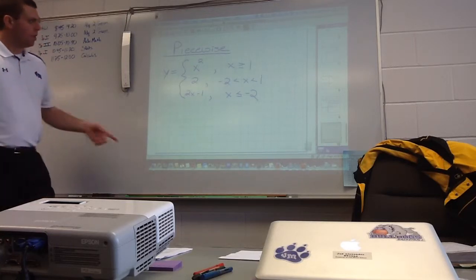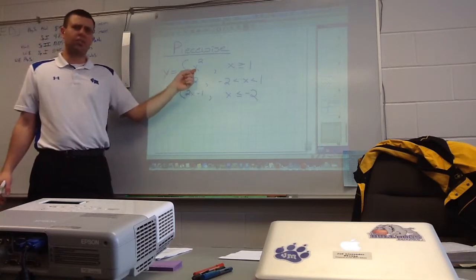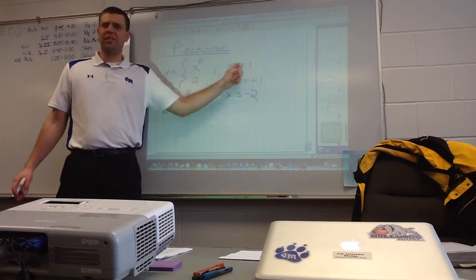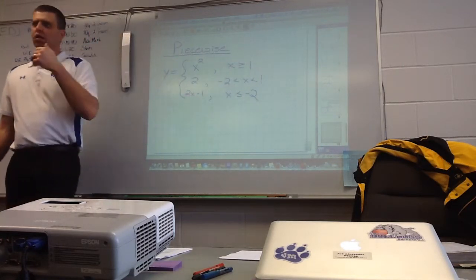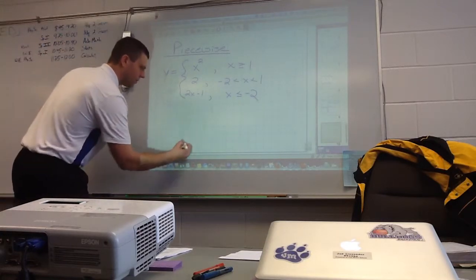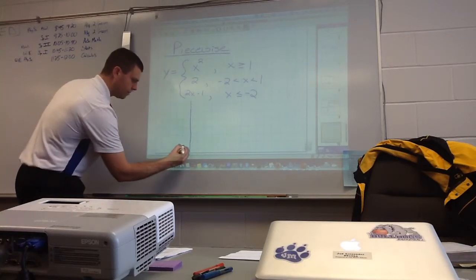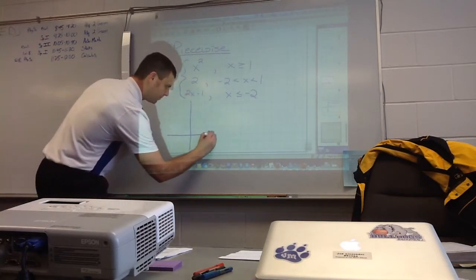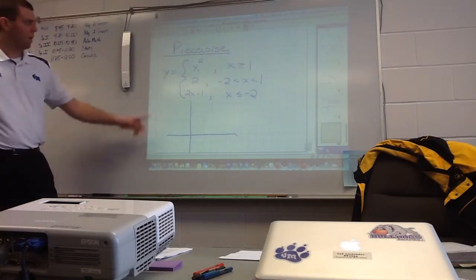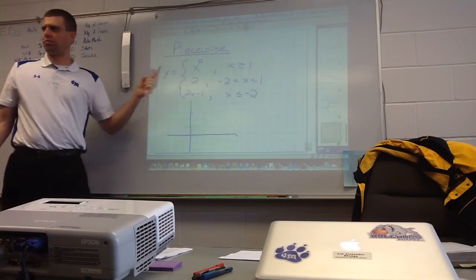So, what this is saying is y is equal to x squared, but only for these x values. What I would do, if I were to graph this, is make a table of values.